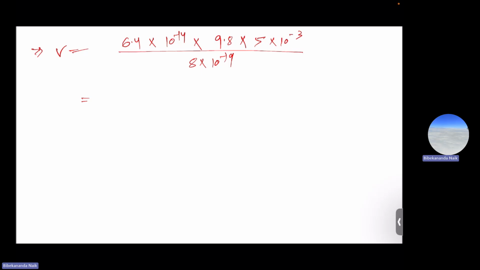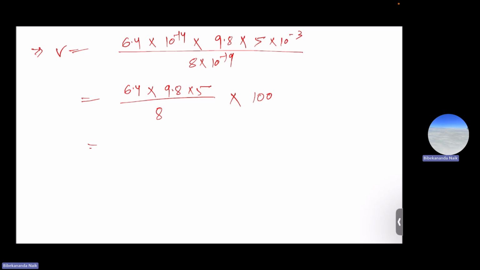To solve it, it will be 6.4 into 9.8 into 5 divided by 8, into 10 to the minus 14, 10 to the minus 3. This is minus 17 plus 19. So it will be 100.